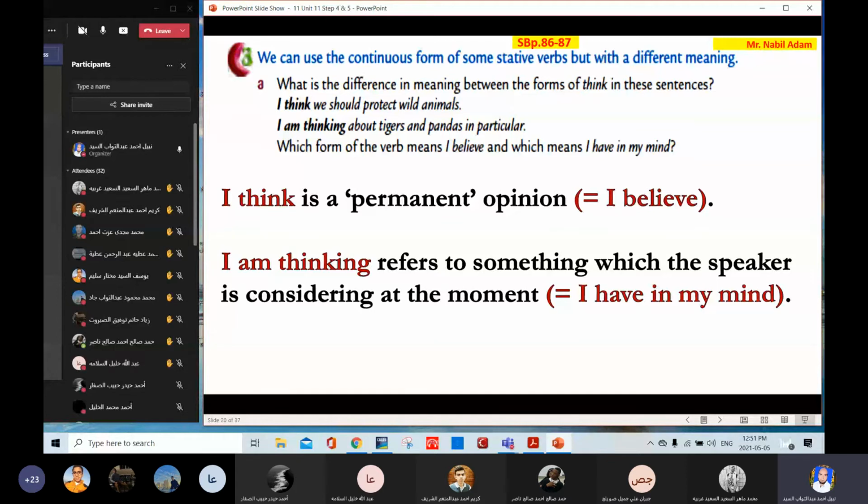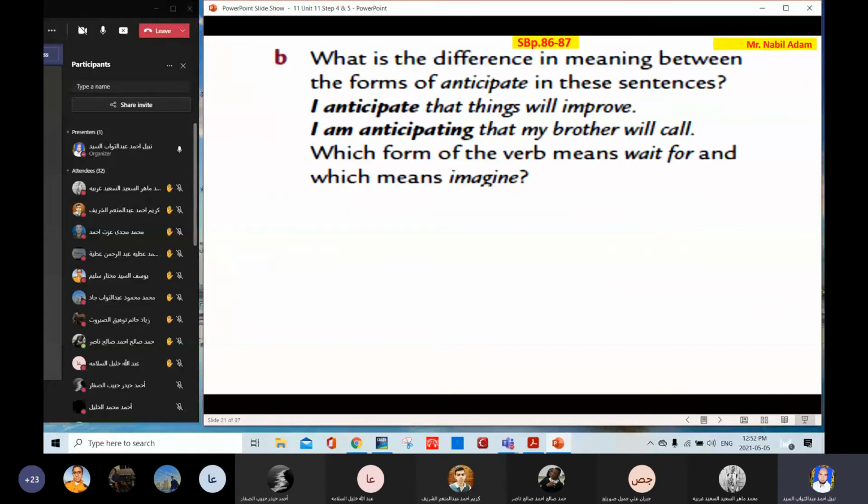Okay, and let's move to the second examples. I anticipate that things will improve. I am anticipating that my brother will call. Which verb means I wait for and which means I imagine? I anticipate, I am anticipating. Ziad Hatem. I anticipate that things will improve means I imagine.